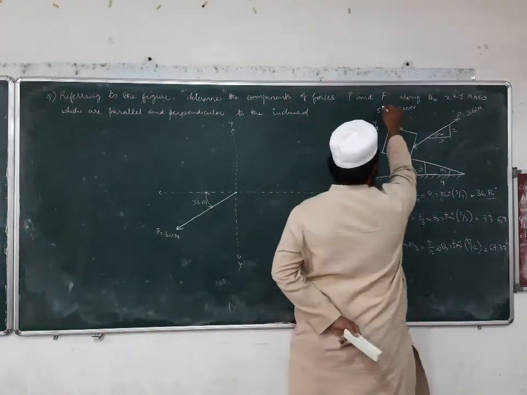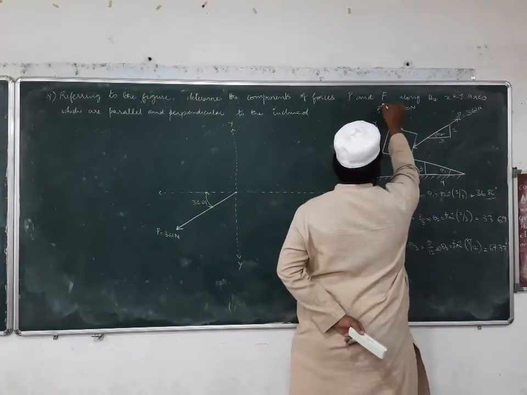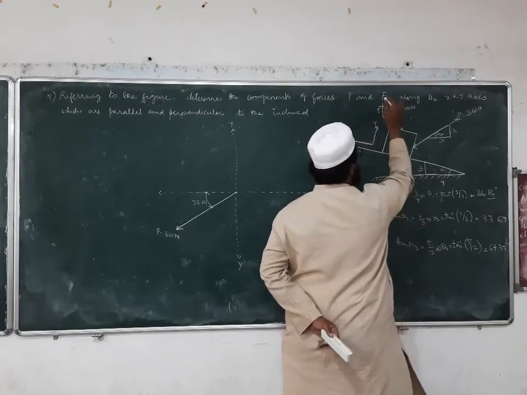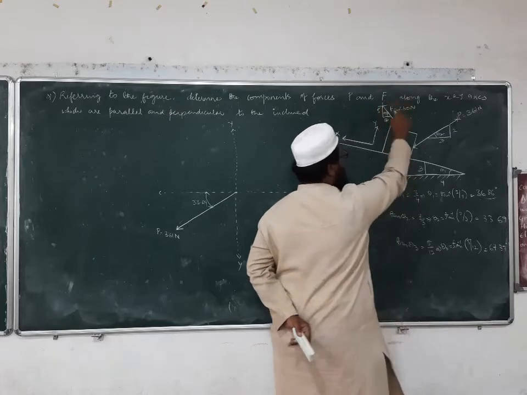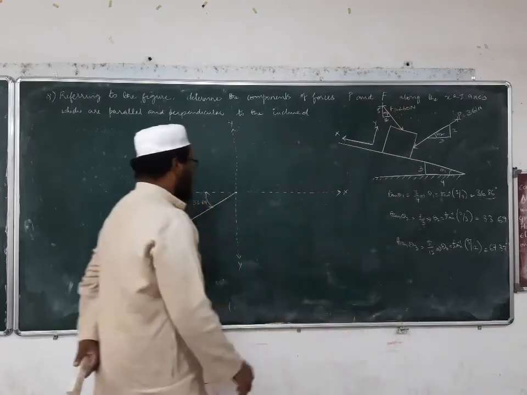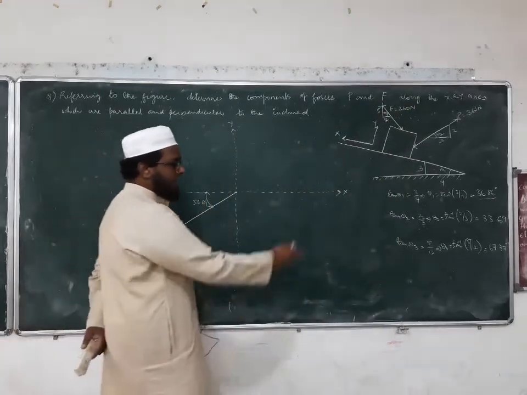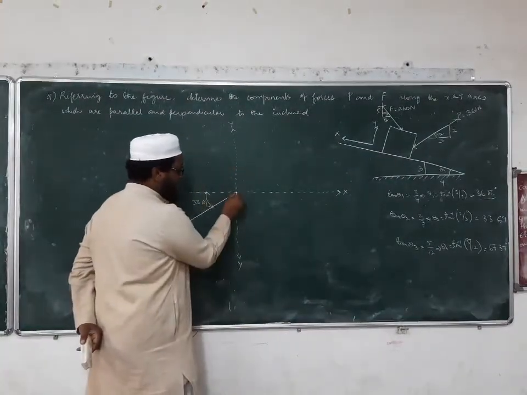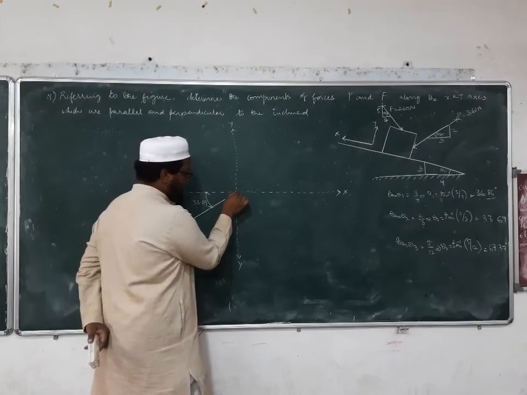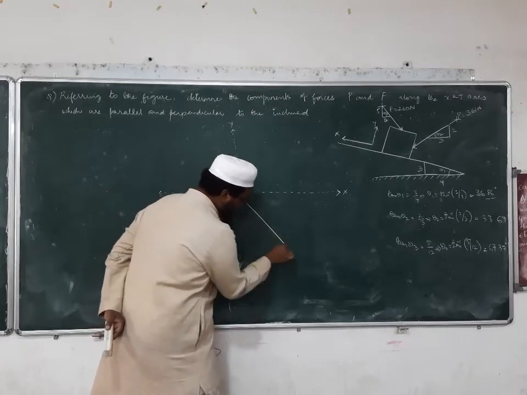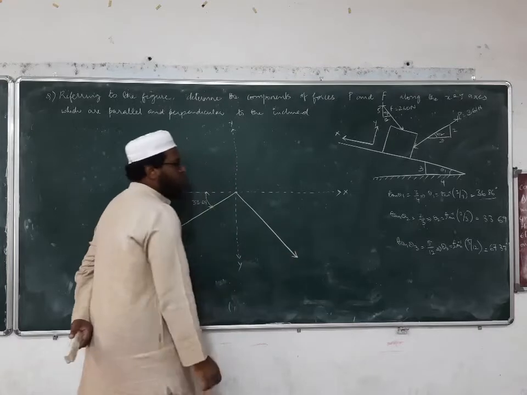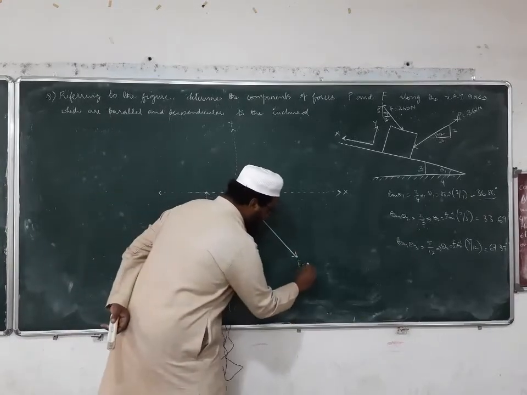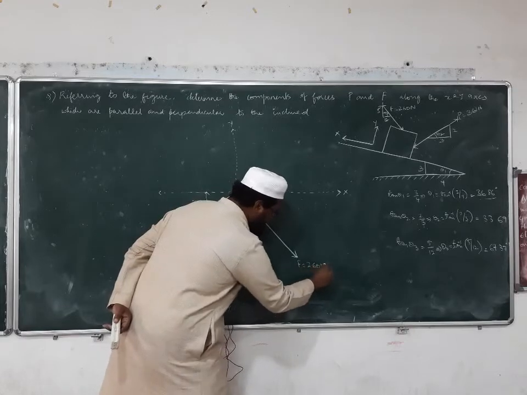Now we will go for the other force, that is F. Here also we will draw a vertical and horizontal line, parallel to this one. Now you tell me in which quadrant the force is acting? It is acting in fourth quadrant, isn't it? And what is the angle? Theta 3 is 67.37. The force is 260 newtons, F equal to 260 newtons.